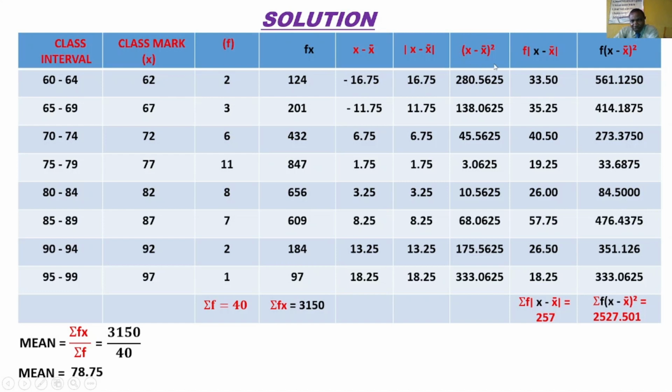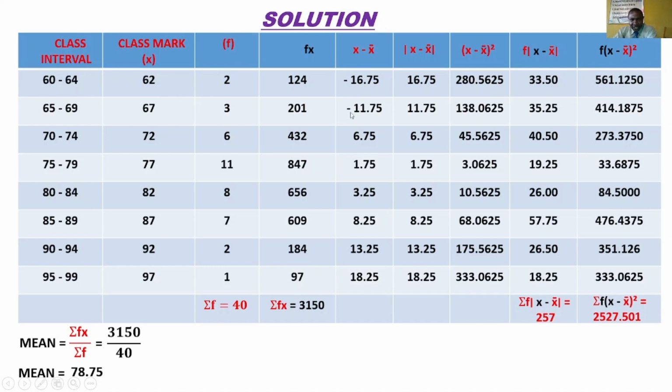Remember, we already have a set of values under the column for our (x − x̄)² and also a set of values for our frequency. So what we are supposed to do to get all these values is multiply these two. The first value here, 280.5625, gives us 561.1250.